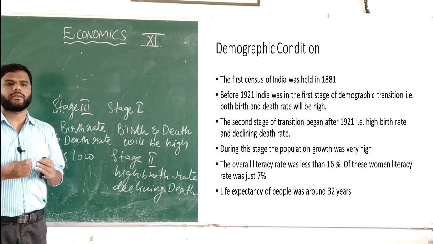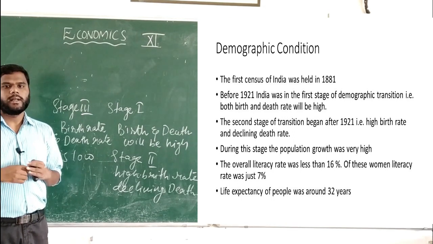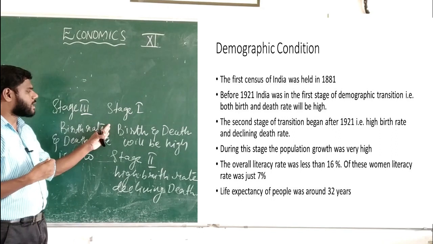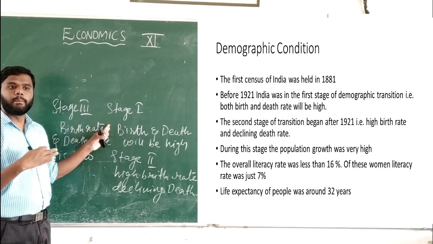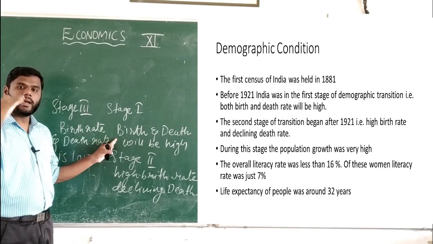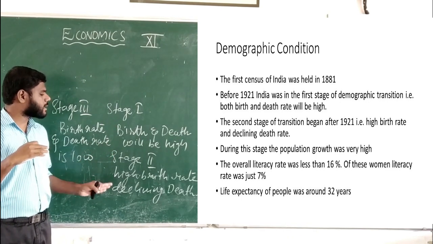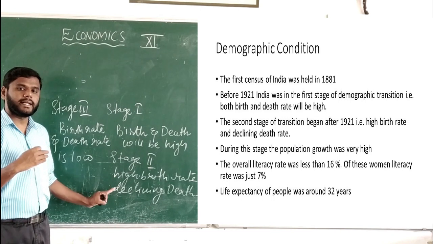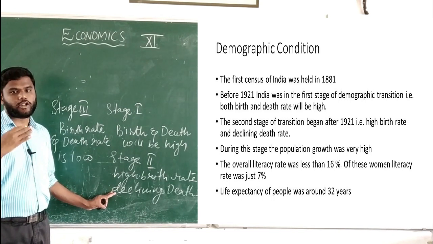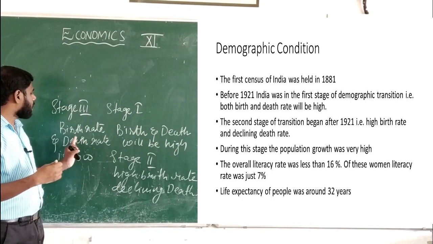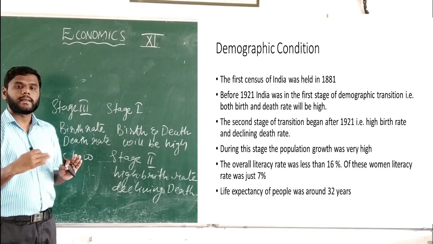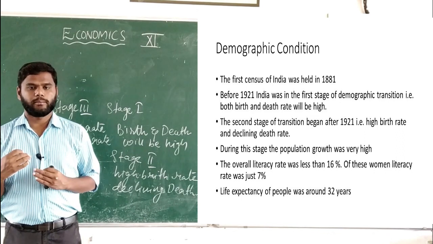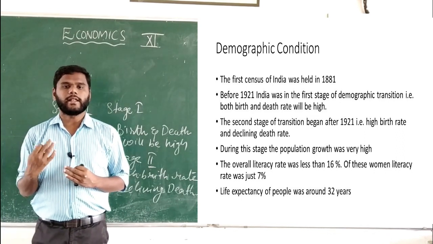According to the demographic transition theory, in the first stage the birth and death rates will be high, in the second stage the birth rate is high and the death rate is on a declining trend, കുറഞ്ഞു വരികയാണ് ചെയ്യുന്നത്. In the third stage, birth rate and death rate are low.